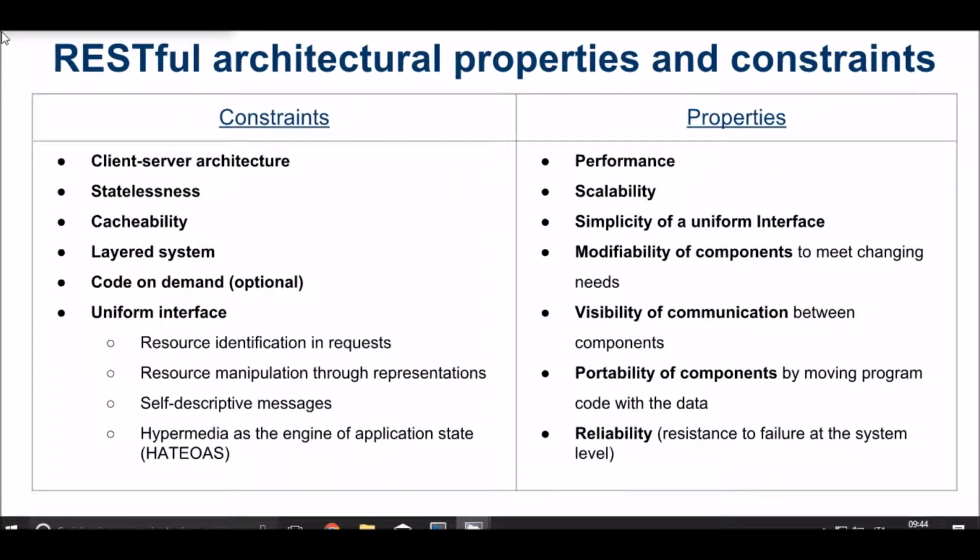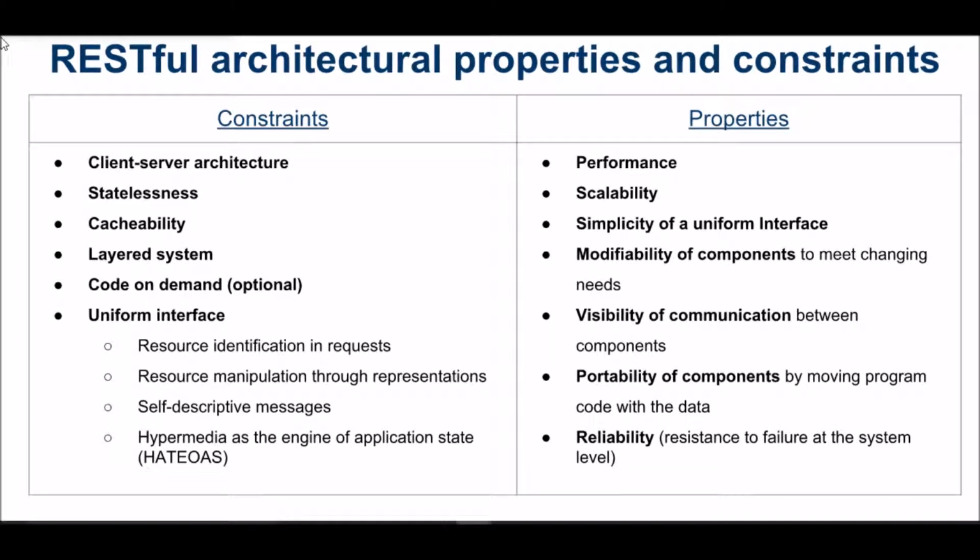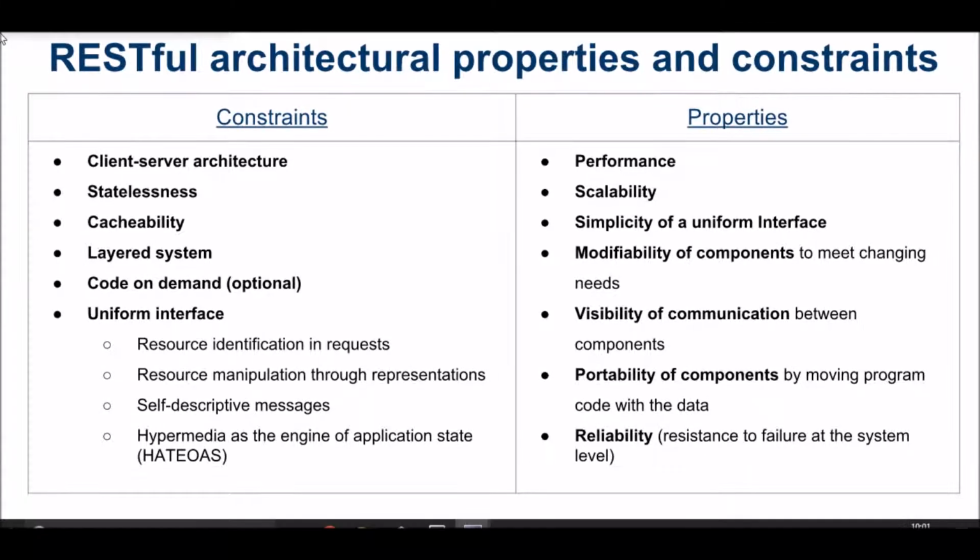A web service has to follow all these constraints here listed on the left to be called RESTful compliant. First of all, the client side and server side are independent components, and each web service can be a separate component. In this way, it's very easy to change the internal structure of each component without changing its client application.